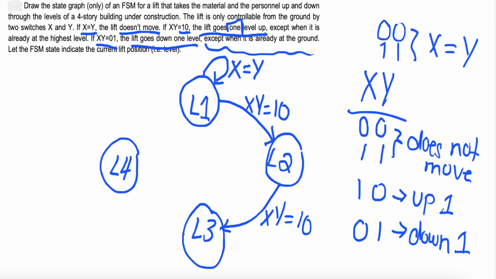Then we have level 3, when XY is equal to 1, 0, the lift goes to level 4, right? Because it always goes one level up whenever XY is equal to 1, 0, as per the rule. Now, we have to highlight this part, except when it is already at the highest level. So at level 4, it's only a 4-story building, so there's no level 5. So what do you think happens when at level 4, XY equals 1, 0?